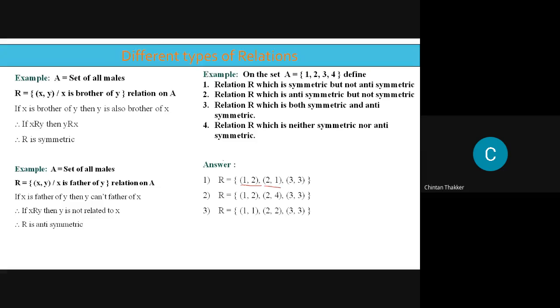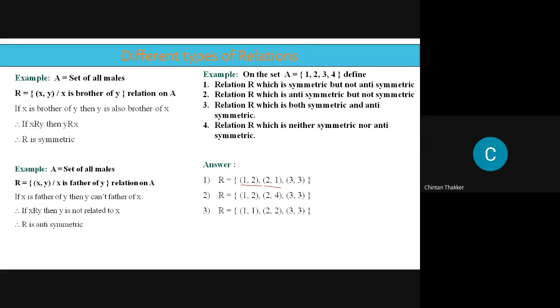If you take just two elements, 1, 1 and 4, 4, then it is also both symmetric and anti-symmetric on set A. So you have four elements, 1, 1, 2, 2, 3, 3, and 4, 4. Using these four elements, you can get 2 raised to 4, 16 relations which are both symmetric and anti-symmetric.